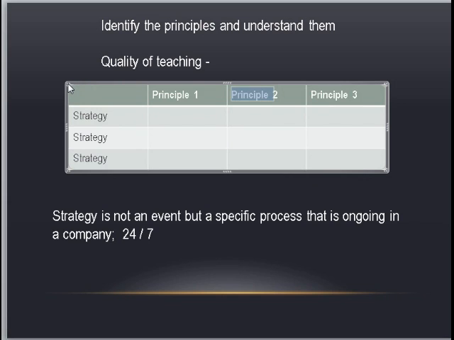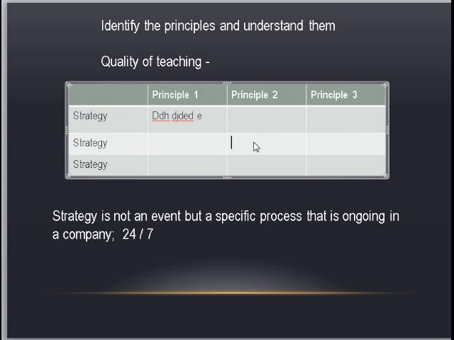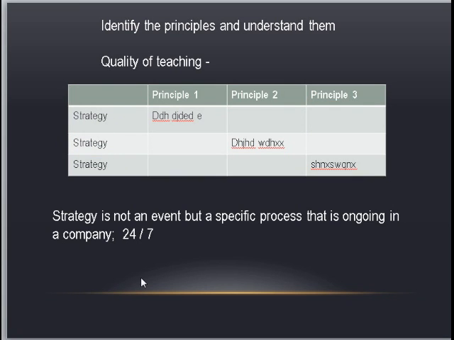So what I would suggest is that you do this and then create a table. This table will allow you to write examples of the ways in which schools might be working or addressing these specific principles through specific strategies. Right?